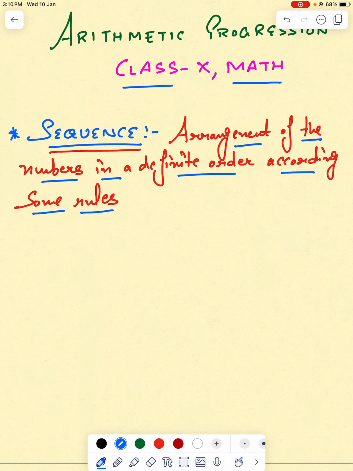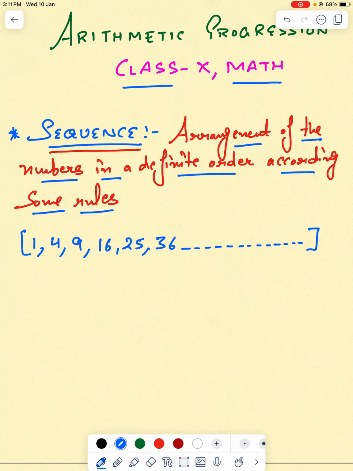See, I'm taking a sequence of numbers, that is 1, 4, 9, 16, 25, 36, and so on. This is a sequence. You can say it's a series of numbers. Can you see anything interesting in it?